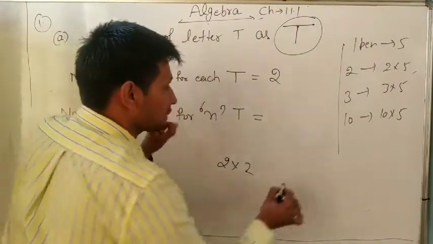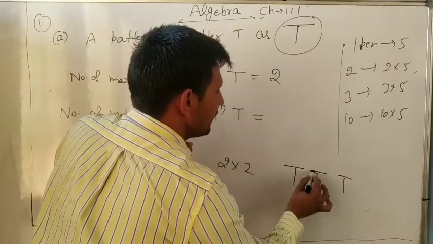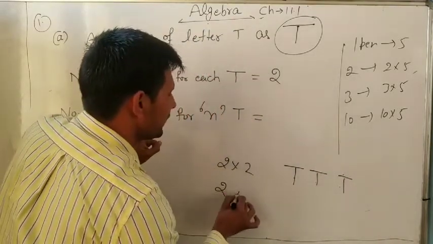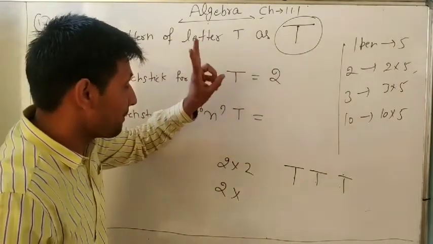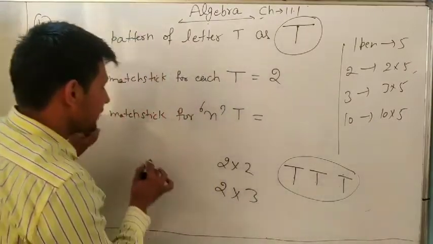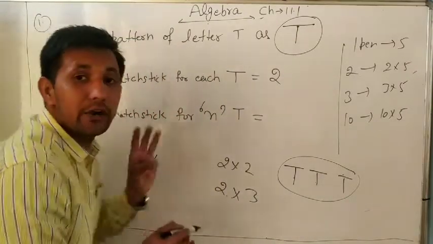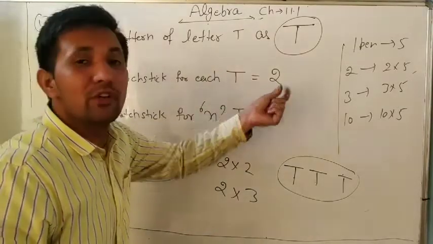For 3 T, 1, 2, 3, 4, 5, 6. So 2 into 3. For 100 T, 2 into 100, because we are using 2 matchsticks for 1 T.